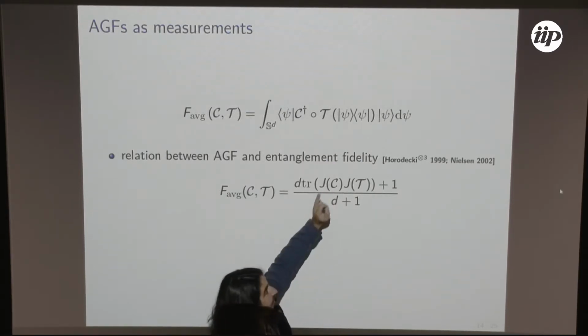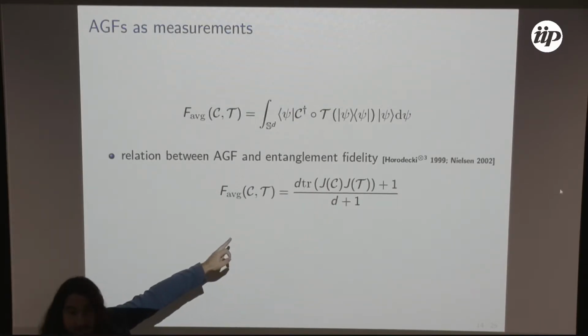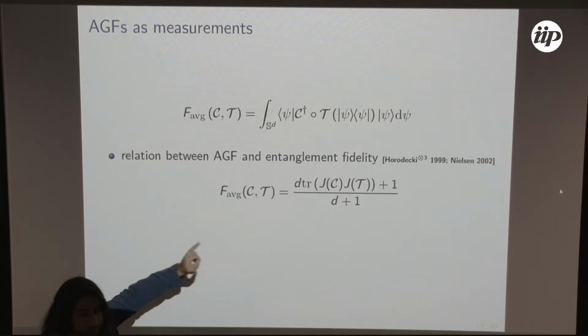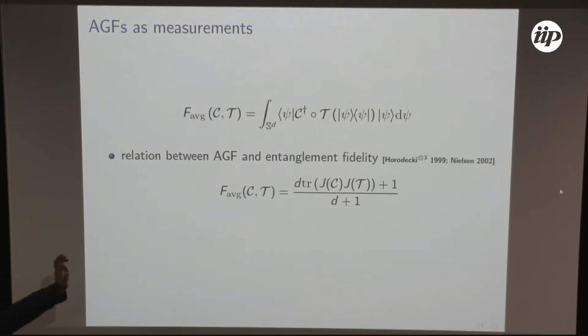So you can view an average gate fidelity as a Bell-type measurement on the Choi matrix of the channel. If you go to average gate fidelities, you can do ancilla-assisted quantum process tomography without ancilla. And this is pretty cool.